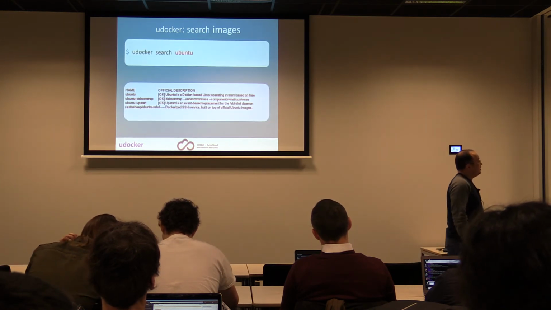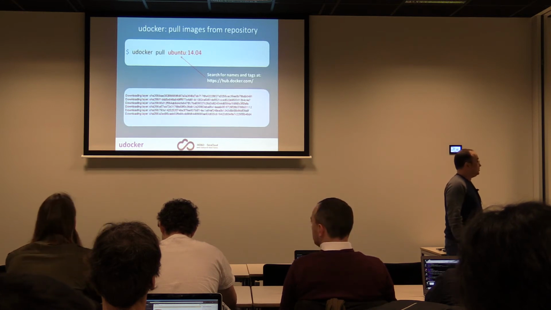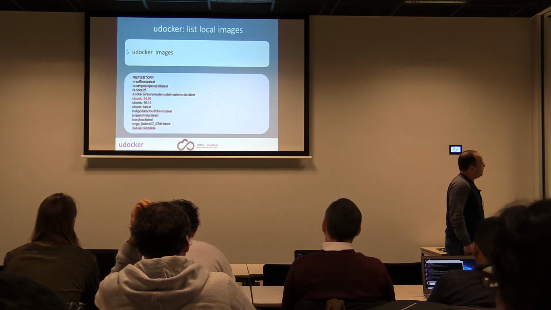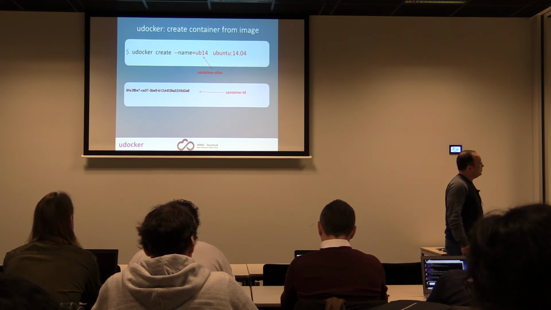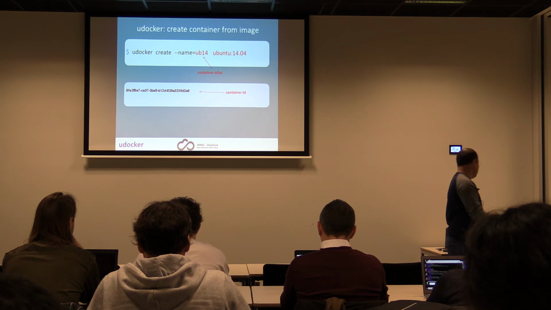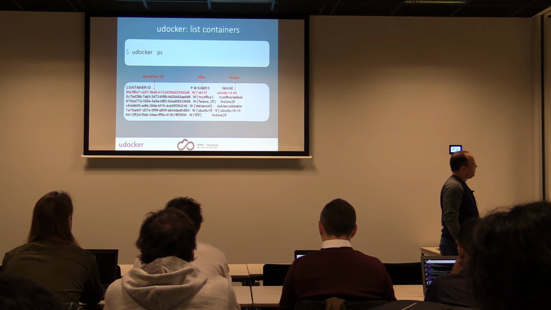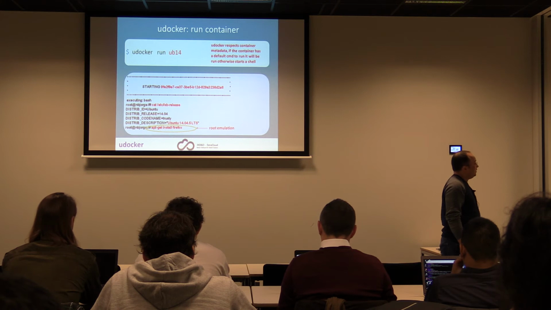So you can, like Docker, search for images. You can pull images. Here you can see the layered file system being downloaded. You can list the images and create the container. While creating, you are basically converting the file system into one single, not layered, file system. You can list the processes running, and you can run the container.